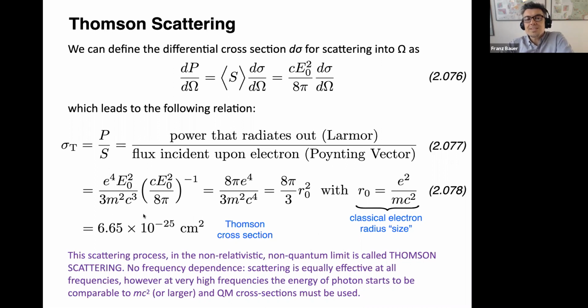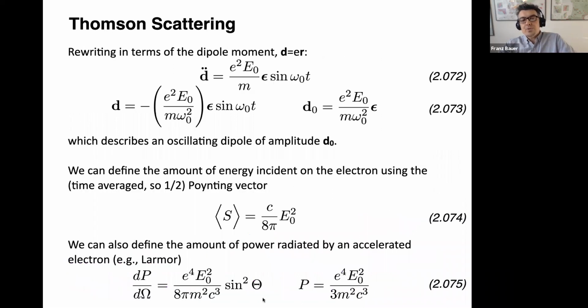What's important here is that there's no frequency dependence at all. And so the scattering will affect all energies or all frequencies of light the same. If you go back here and you ask what is the cross-section as a function of the solid angle, there you do have a sine squared dependence, because this has a sine squared dependence.